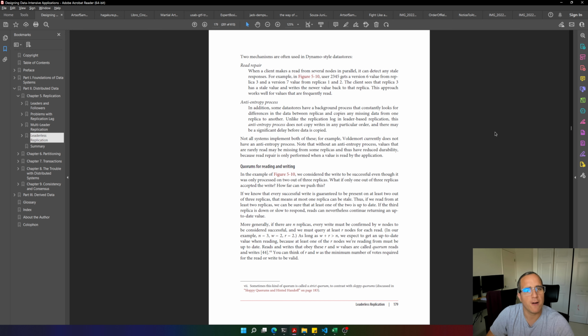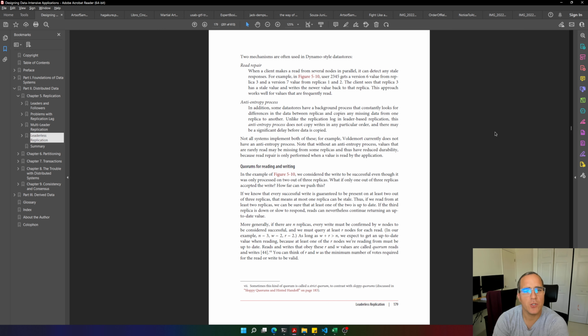For example, in figure 5-10, user 2345 gets a version 6 value from replica 3 and a version 7 value from replicas 1 and 2. The client sees that replica 3 has a stale value and writes the newer value back to that replica. This approach works well for values that are frequently read.